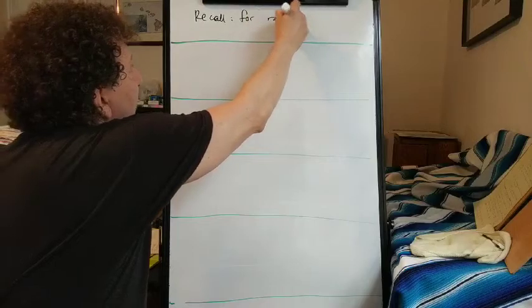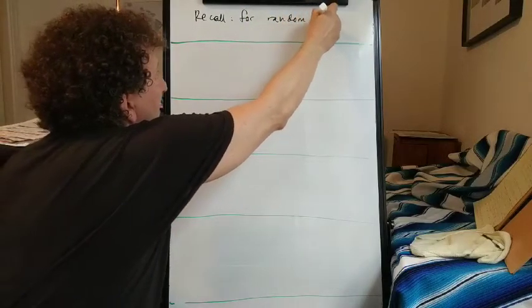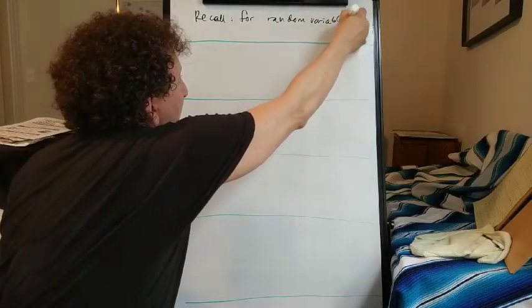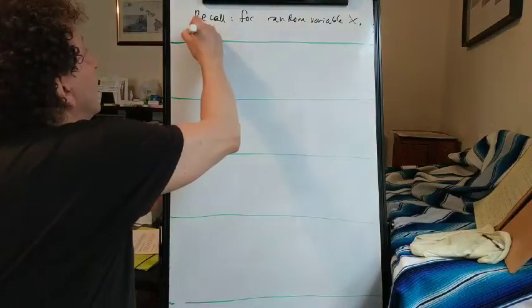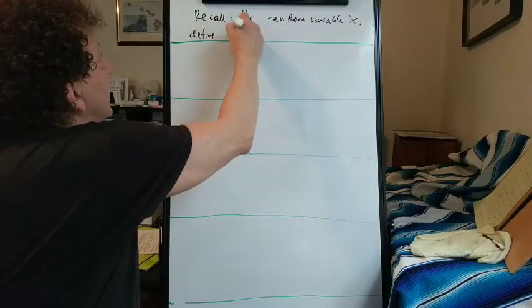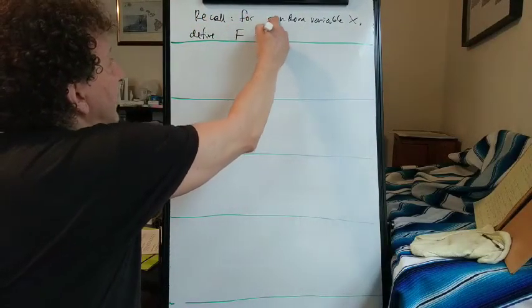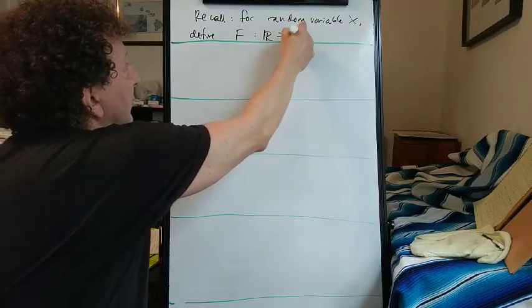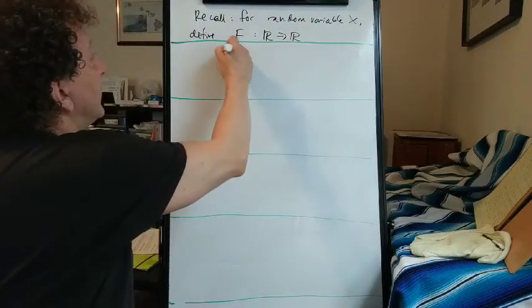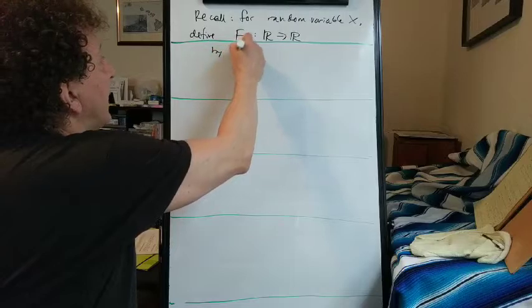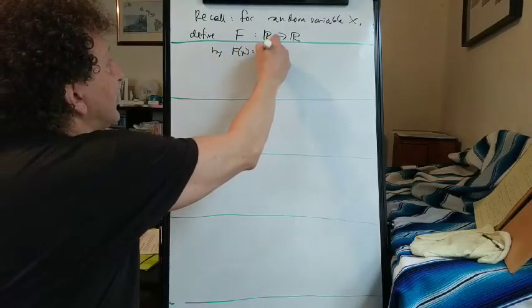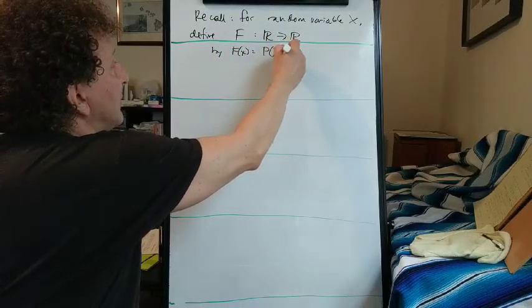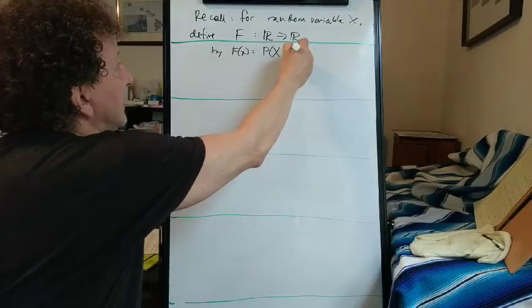So for random variable X, we define this function capital F from the reals to reals by capital F of little x equals the probability that the random variable is less than or equal to little x.